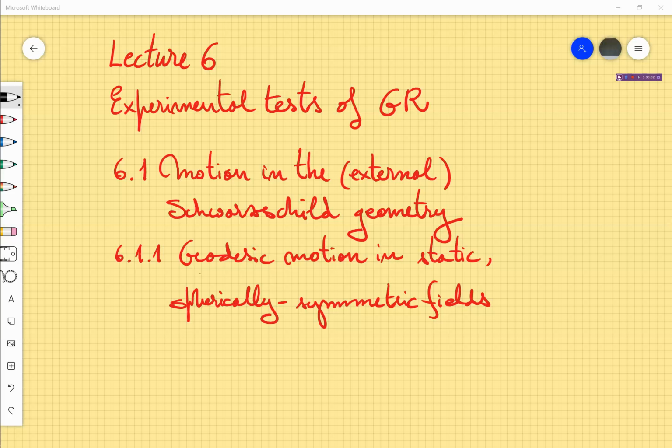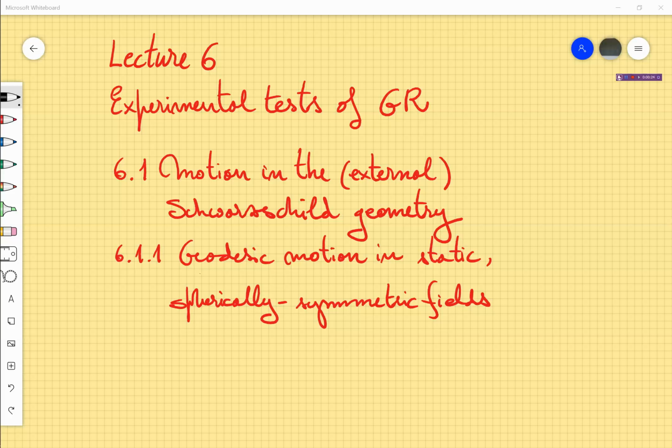In lecture 4, we constructed a new theory of gravity, General Relativity, which satisfies the principle of equivalence that we studied in lecture 2, together with the principle of general covariance, and using the tools of differential geometry that we developed in lecture 3.